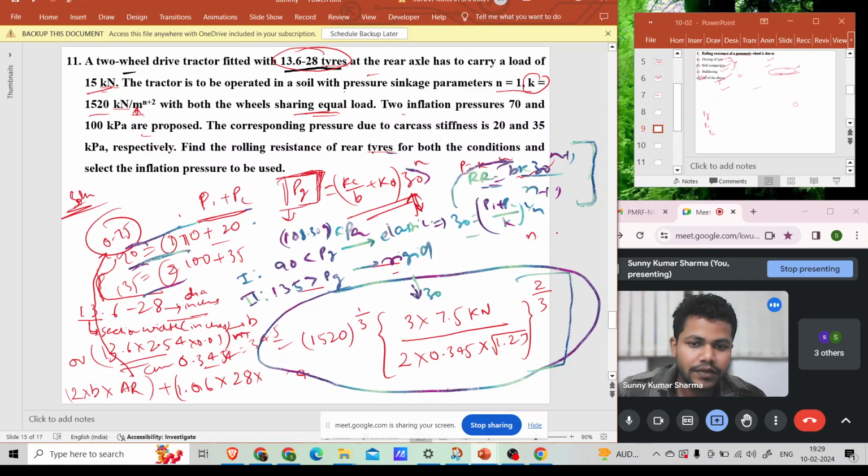We will get the z0 for elastic mode of operation. This pi plus pc is 90 by k, which is 1520, to the power 1 by n. That's 90 by 1520. What it is coming in meter, you put it and directly you get the rolling resistance. Sivaram, you do the calculation.